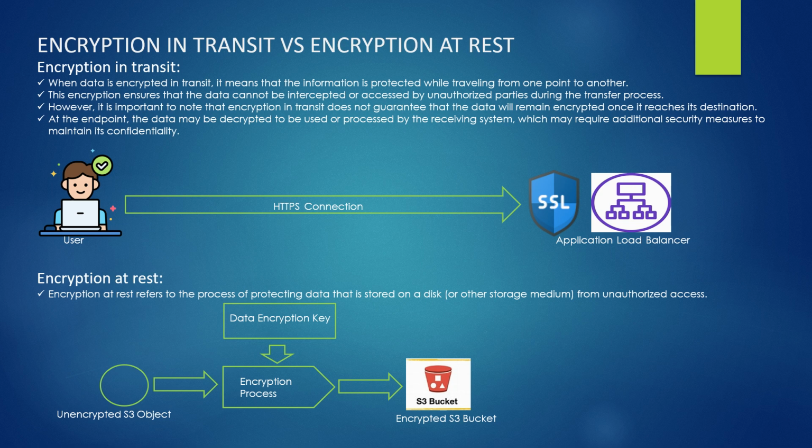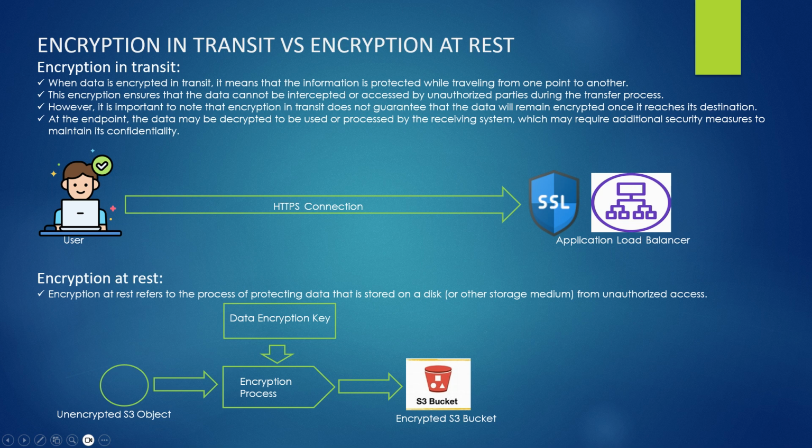Once you choose that and the data is uploaded, it will be encrypted. So you have a file which is not encrypted, you have chosen your encryption method, and it gets encrypted. That is called encryption at rest.